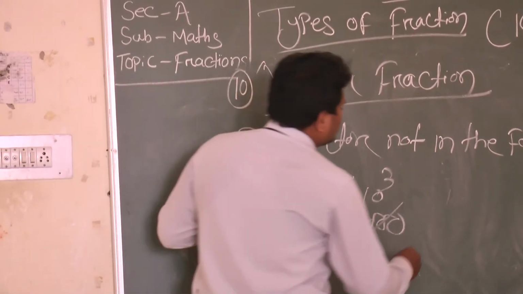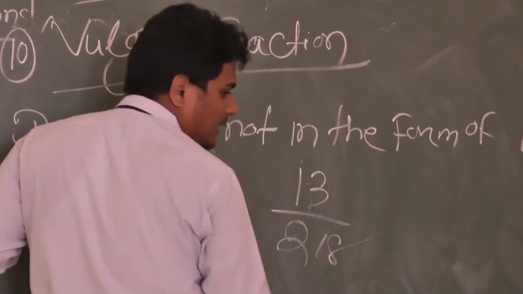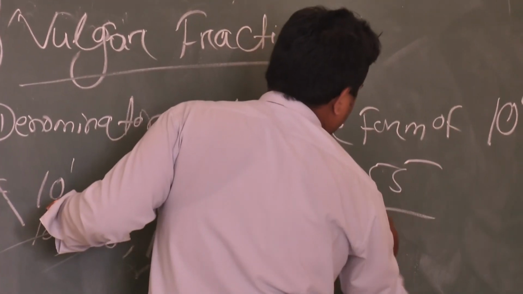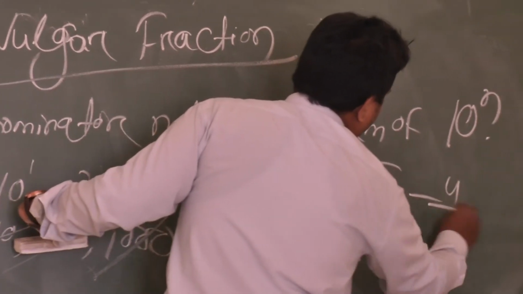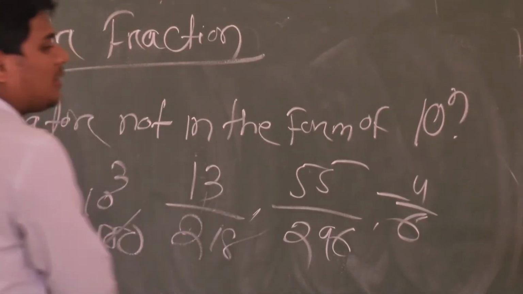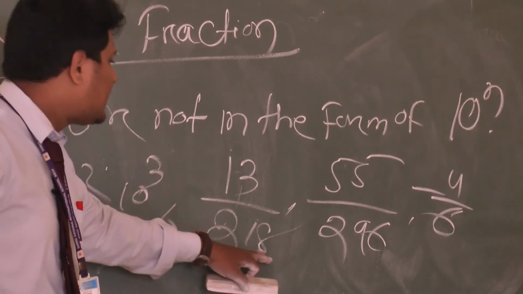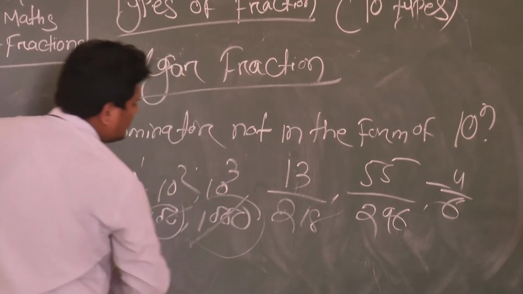Okay, it can be written as 13 by 218, or 55 by 296, or minus 4 by 6, whatever may be, that type of denominators will be there, but it should not be 10, 100, 10,000.